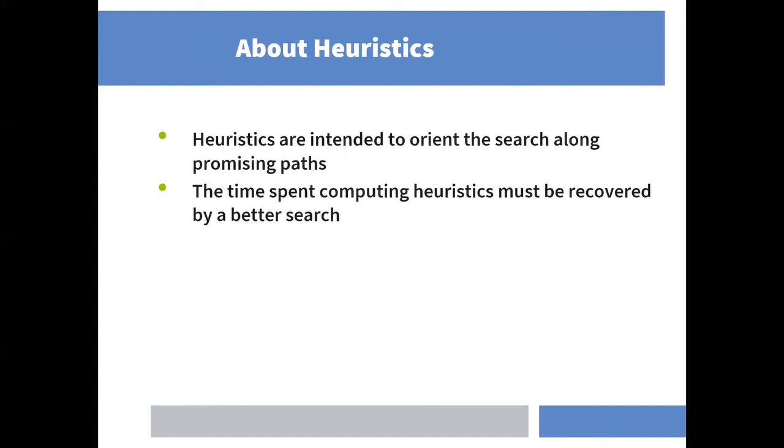Also, the computational time needed for the heuristic function should not be so high that you won't be able to execute the search in a reasonable time and memory allocation.